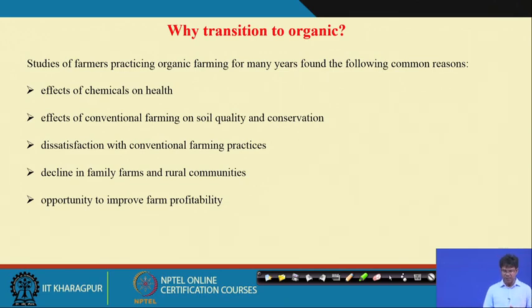Next is the effect of conventional farming on soil quality and soil conservation. Soil quality is deteriorating, degrading over the years, with the heavy use of chemical fertilizers and pesticides. Not only soil quality, the groundwater quality has also deteriorated, and the environment is polluted due to the use of chemicals. By avoiding chemical fertilizers and pesticides and converting to organic, we can maintain good soil health by building up organic carbon.